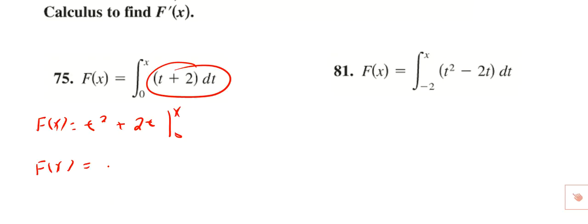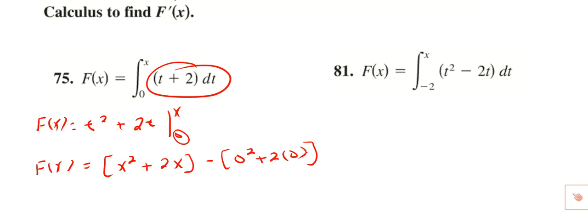So it gives us x squared plus 2x minus, substituting in 0, 0 squared plus 2 times 0.